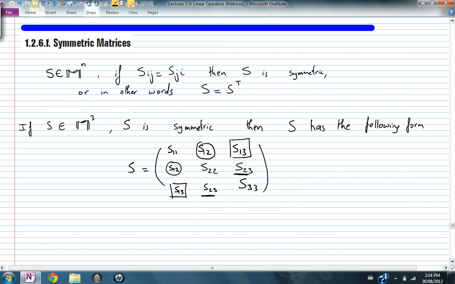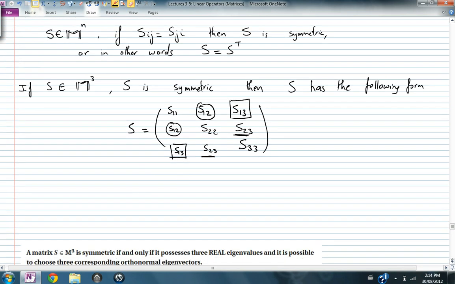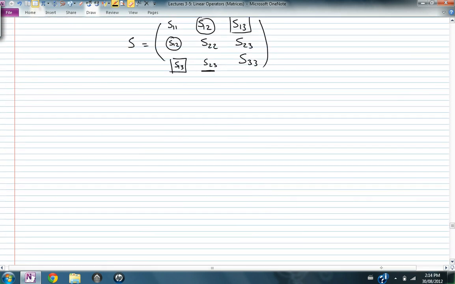So why does it make things easier? Because of the following fact. Whenever I have a matrix that is symmetric, so let's say I have a certain coordinate system made out of E1, E2, and E3, and I have a symmetric matrix here, S11, S12, S22, S33.